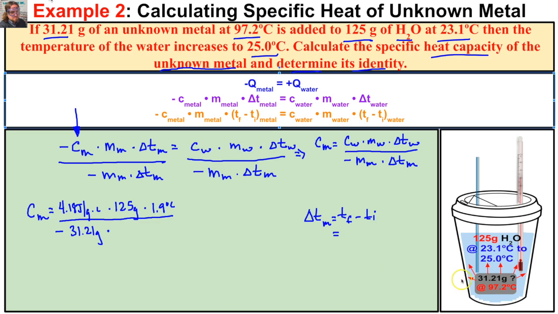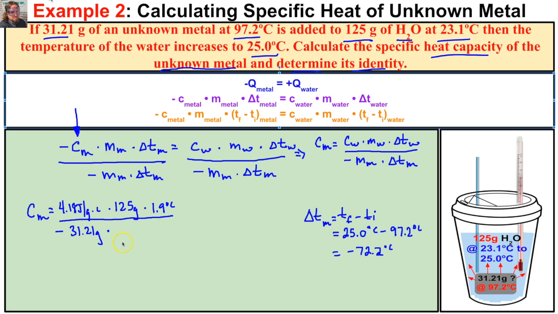The final temperature of our metal is 25.0, right? That is the same as the final temperature of the water. They're going to level out. Minus the initial temperature, which is 97.2. And we'll end up with a temperature change of negative 72.2 degrees Celsius. So that is our change in temperature of our metal.